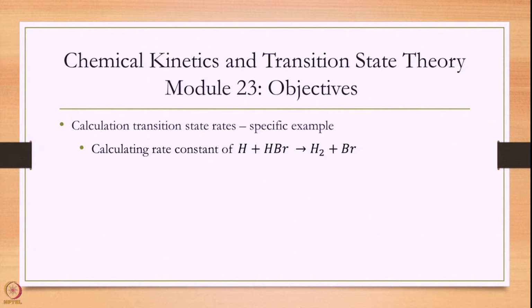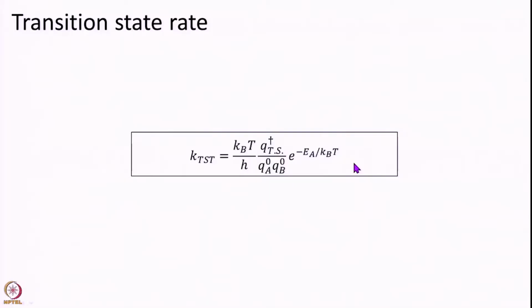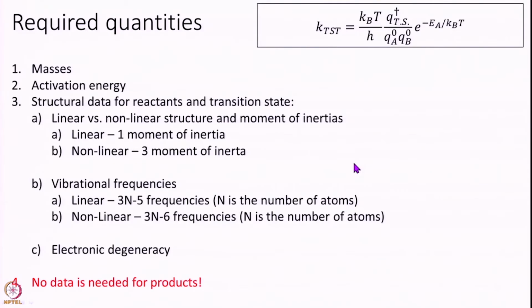In your assignments you will be solving more such problems for practice. So, this is the formula that we need to evaluate. The required quantities that we needed, and we discussed this in the last module, so it is a quick recap: we need all the masses of H and Br, which is readily available.